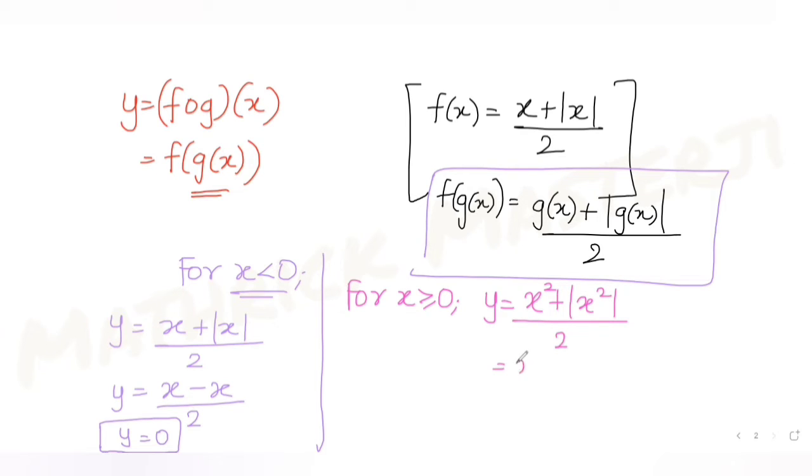Mod of x square is also x square, since the square of anything is always positive. Then x square plus x square gives 2x square divided by 2, the 2 cancels, and we just get x square. So f of g of x is x square, that is, y equals x square here.